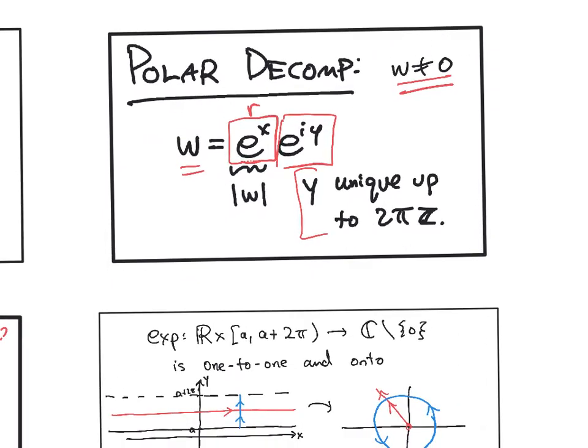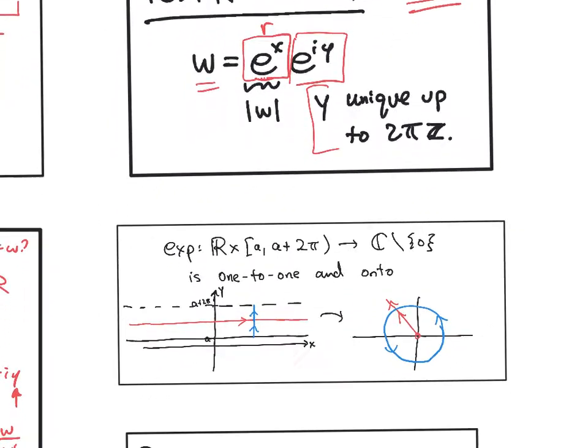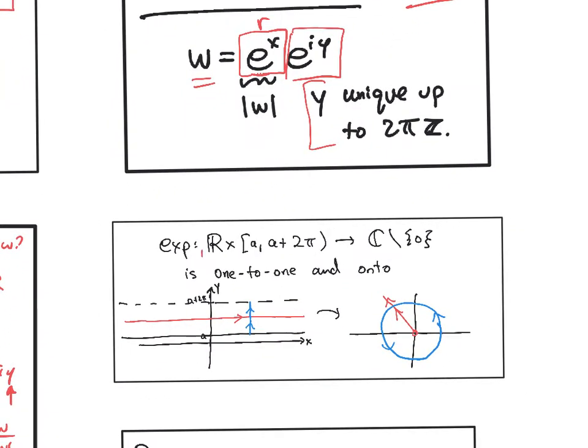Now, because of the feature that two complex numbers will map to the same thing under the exponential map if they differ by a multiple of 2 pi i, if we restrict the exponential map to a domain where two numbers cannot differ by 2 pi i, so here the valid x's are all real numbers, but the y's that we allow are just in an interval of length 2 pi.